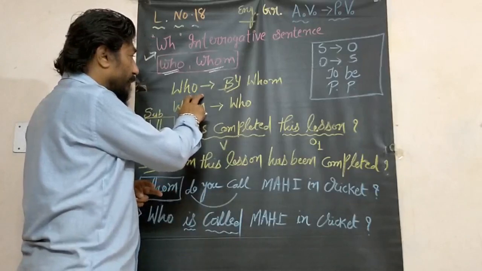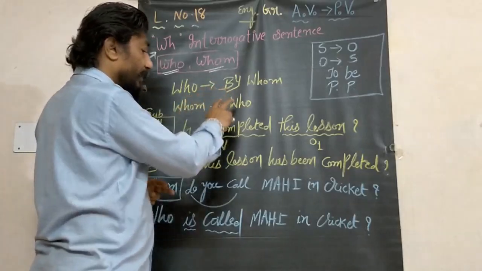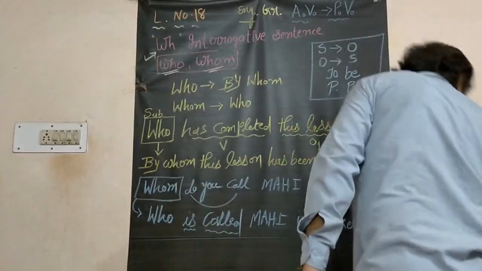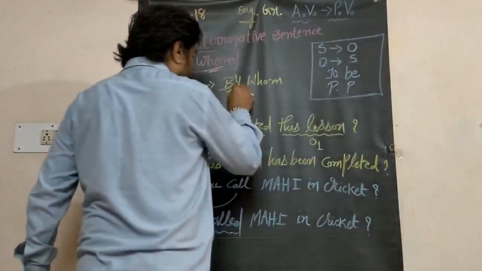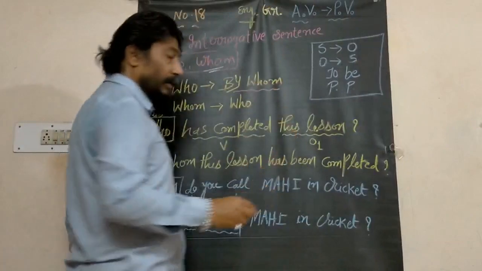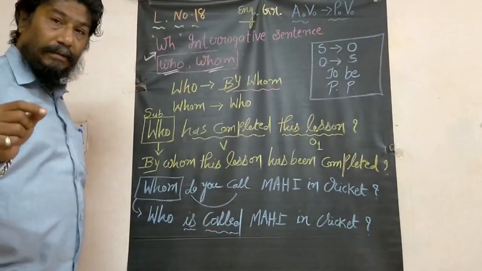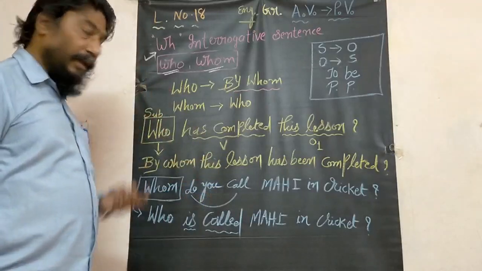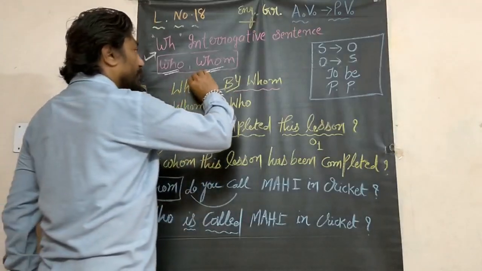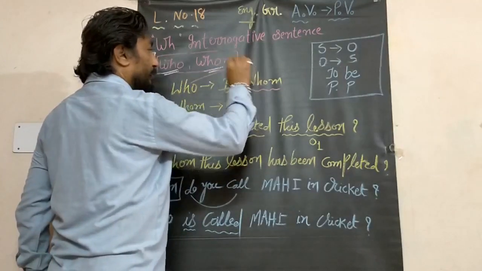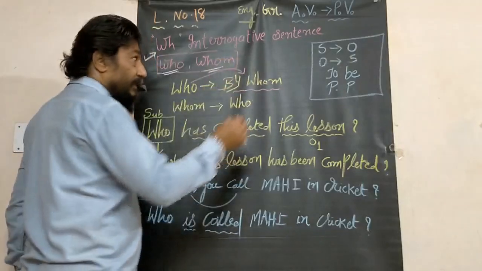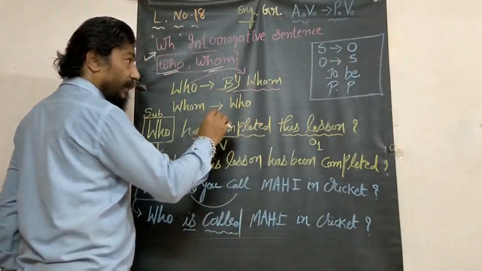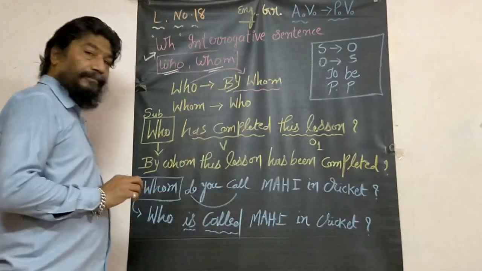Then you will convert who into by whom. That is confirmed. But with a condition, and that condition is that this by whom will be in the first place of the sentence. Where who is used, there only you will use by whom. It means the initial place of the sentence will be with the same.